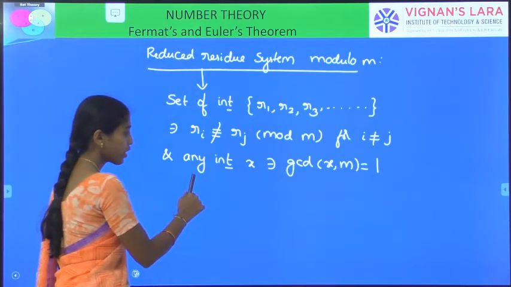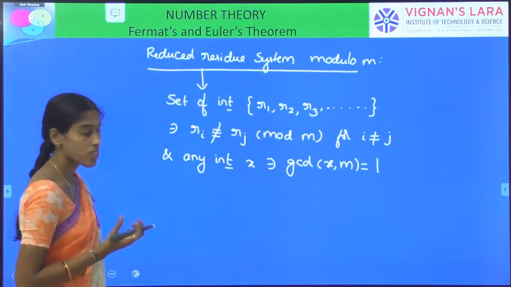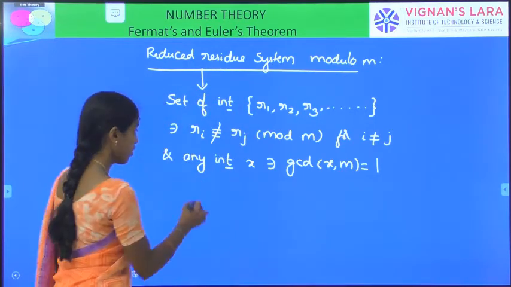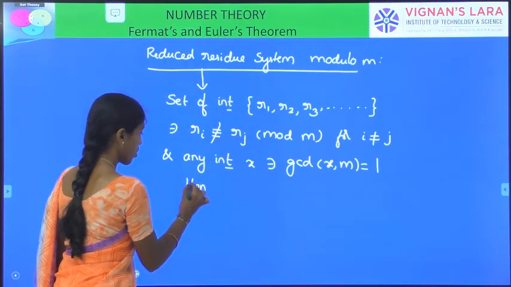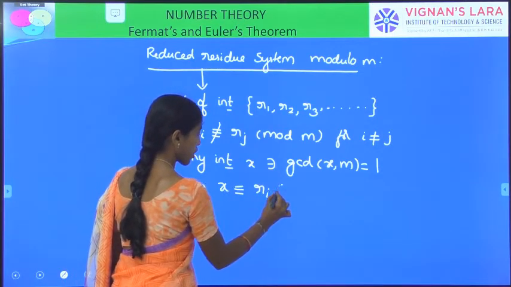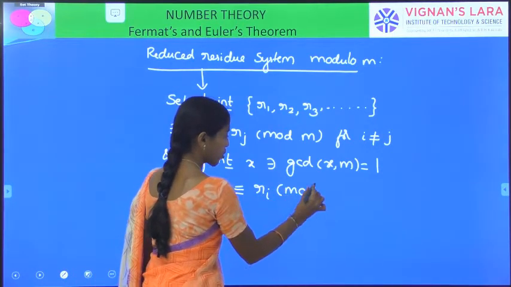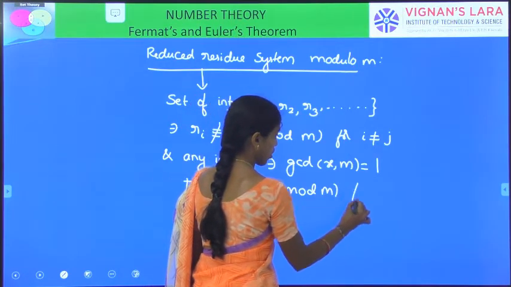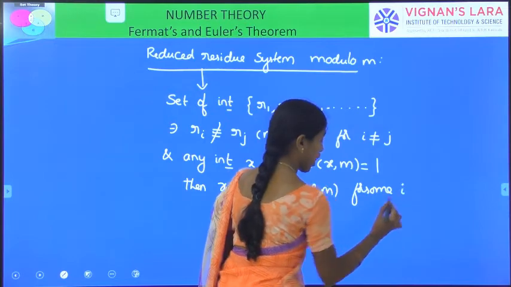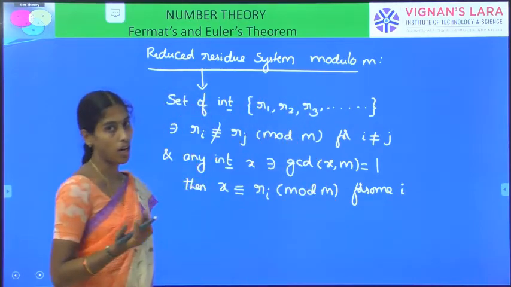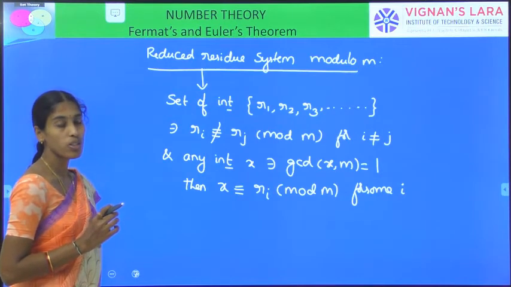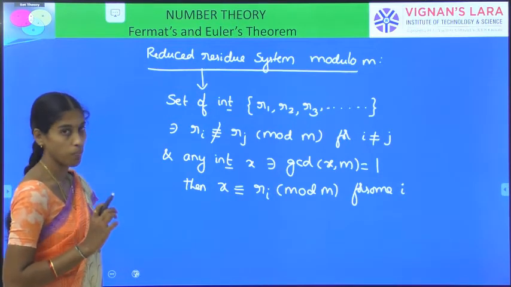And for any integer x which satisfies the condition GCD of x comma m is equal to 1, then x is congruent to some Ri modulo m for some i. It may be R1 or R2 or R3 and so on. This is the definition of reduced residue system modulo m, right?